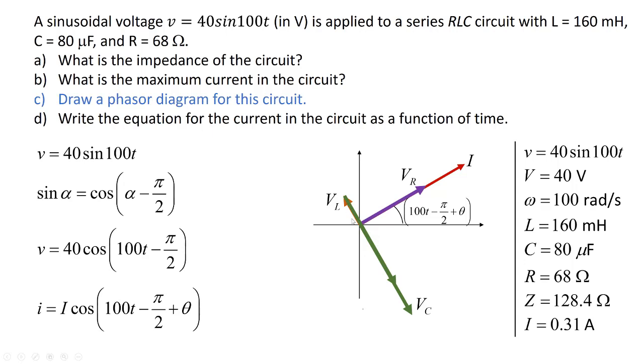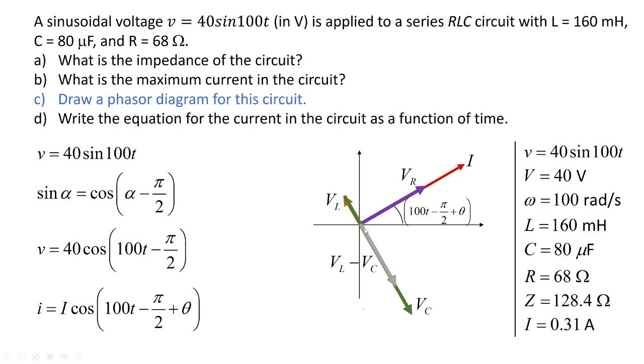When you add them up, the resultant vector will have the tail at the tail of the first vector, VL, and the tip at the tip of the second vector, VC. So this represents VL plus VC, but because they are oriented in opposite directions, it turns out to be VL minus VC. This is the resultant of the phasors for the voltage across the inductor and capacitor added together.